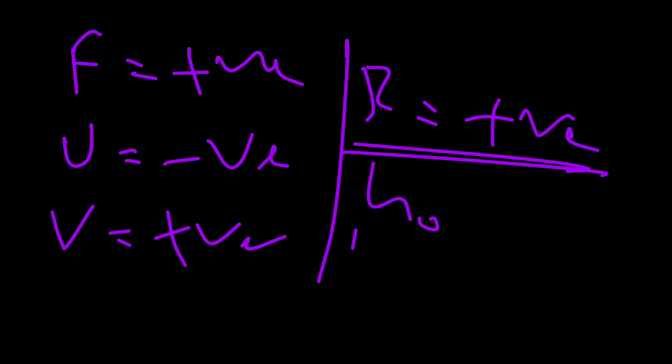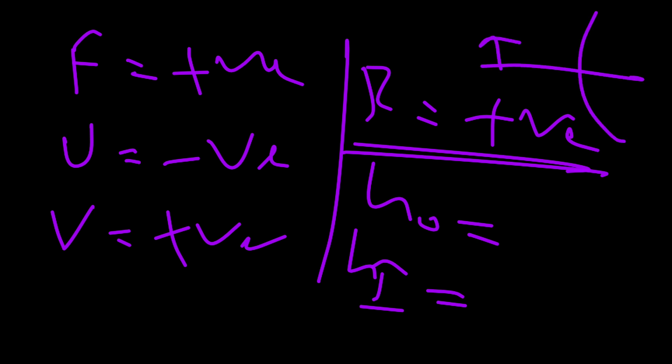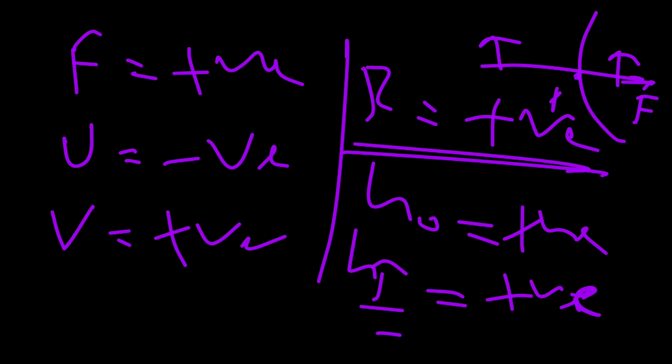And coming to the height of the object and height of the image: the height of the object is above the principal axis, so it is positive. What about the height of the image? It is also positive because we got a virtual and erect image between P and F. So the image is above the principal axis, and both heights are positive.